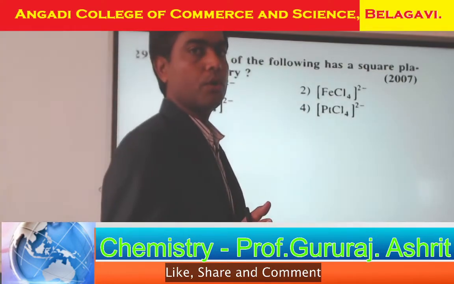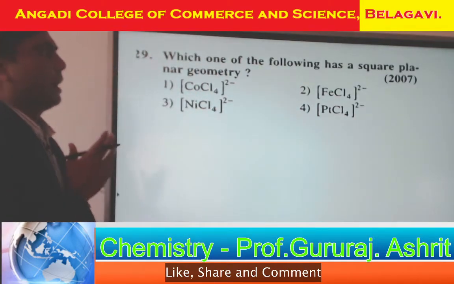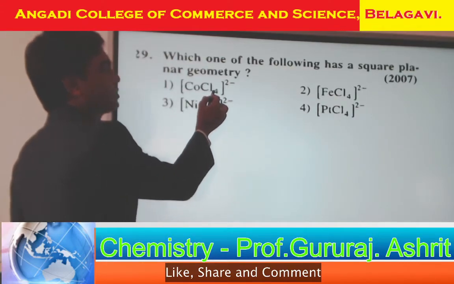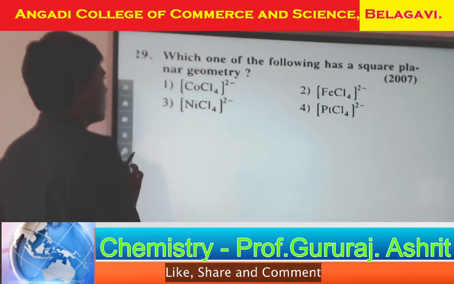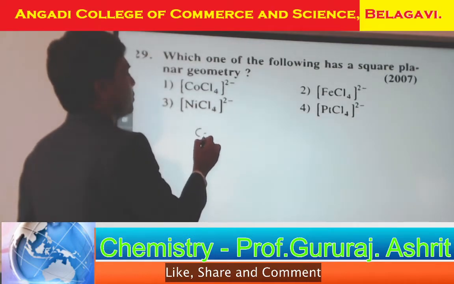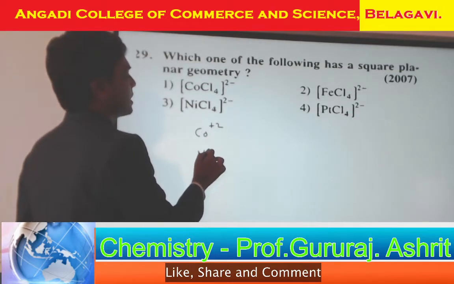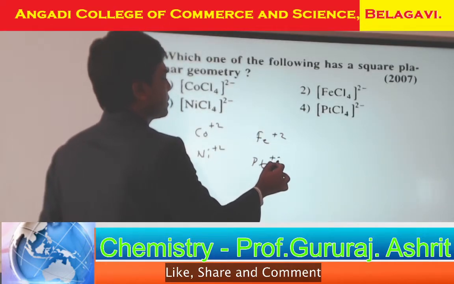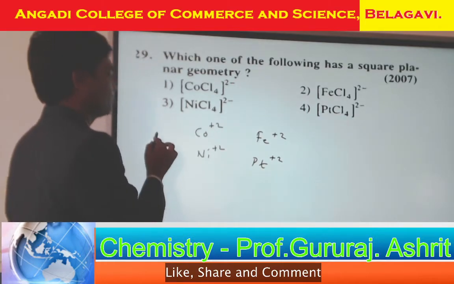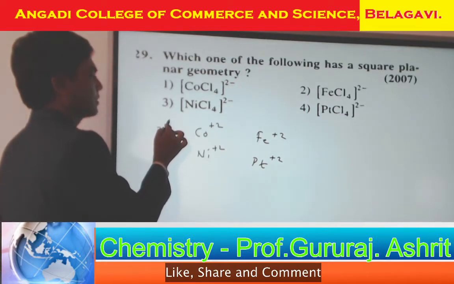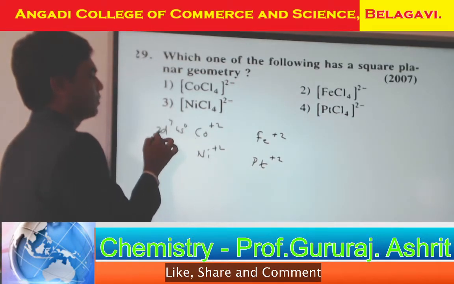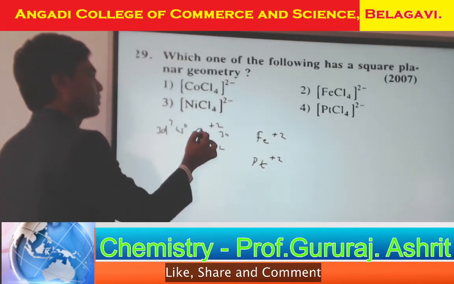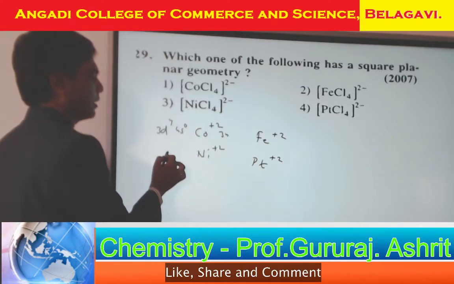As I already told you, geometry and hybridization depend upon the electrons. You can see here CoCl4 2 minus. You can understand Co charge is plus 2, Ni charge is plus 2, Fe charge is plus 2, Pt charge is plus 2. Co2+ is 3d7 4s0. It contains 3 unpaired electrons, therefore it cannot be square planar.